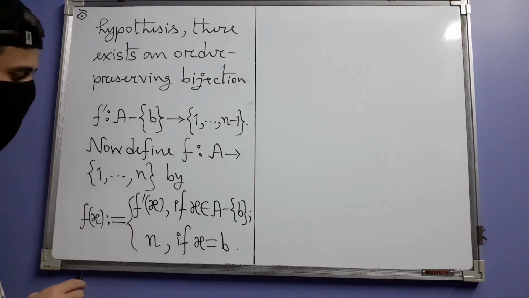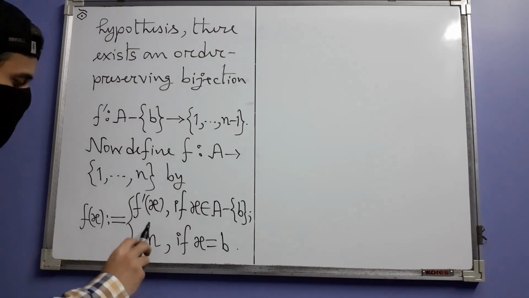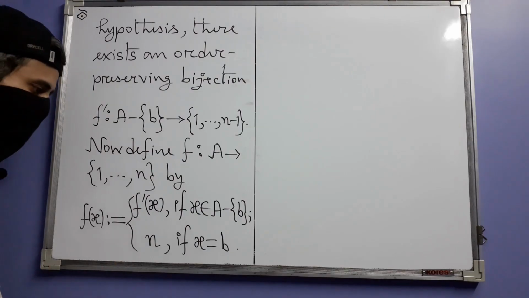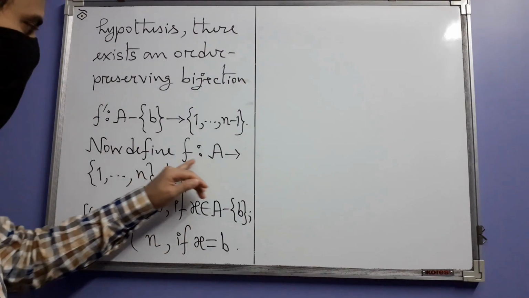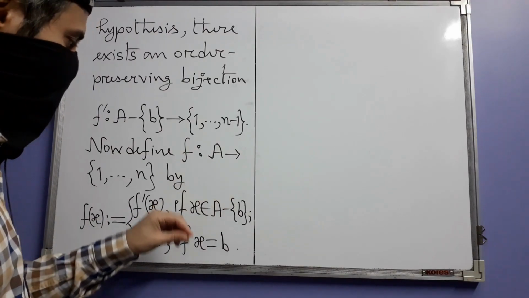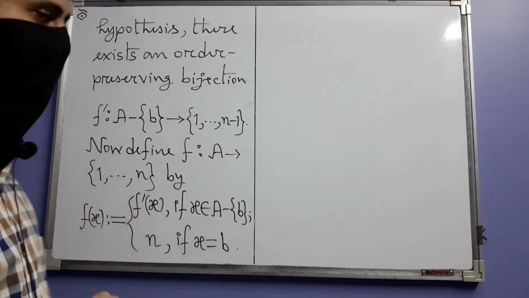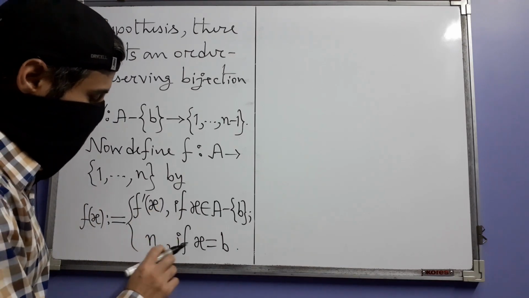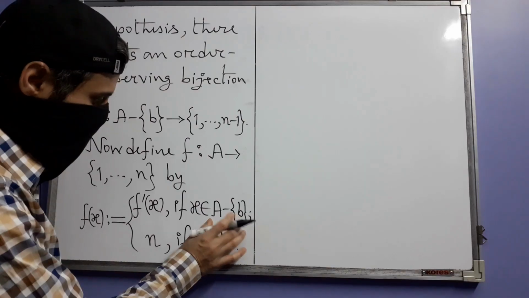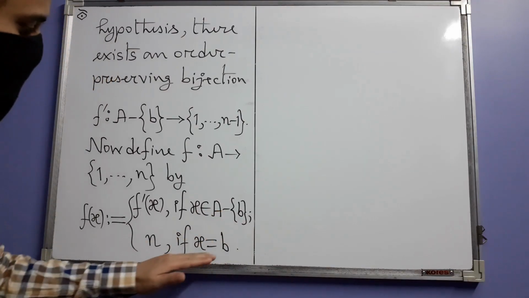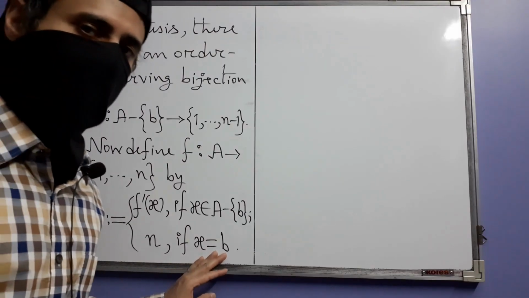So what will you do first of all if you want to show that f is well defined? Well, you just take an input from the suggested domain of f, and see if you get a unique output in this second set. So that input may either lie in the set A difference B, or that input may be equal to B. Let us see this isolated case first.